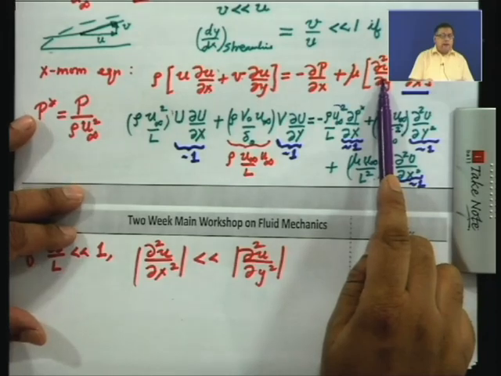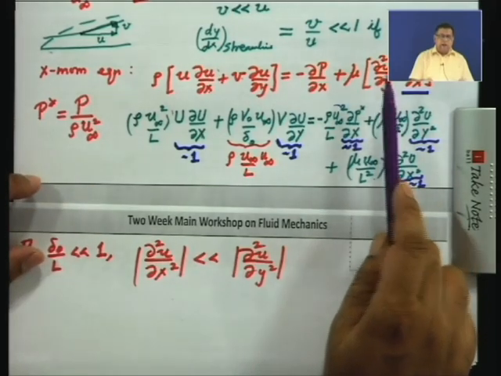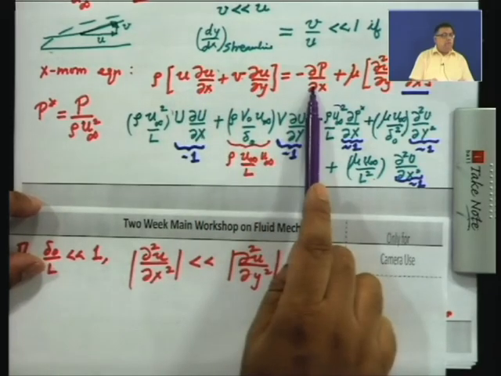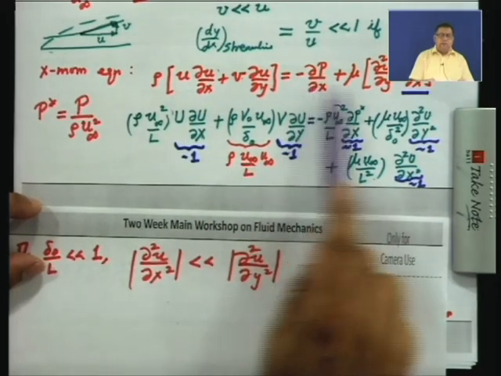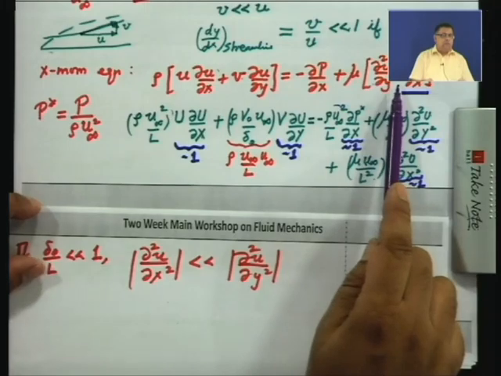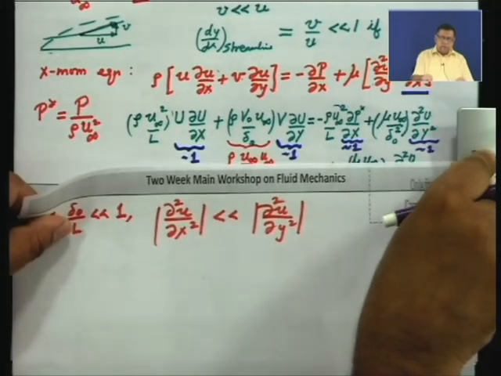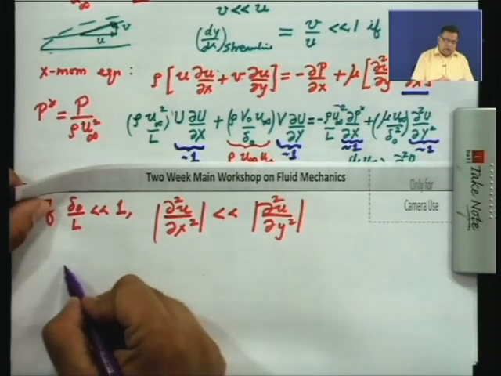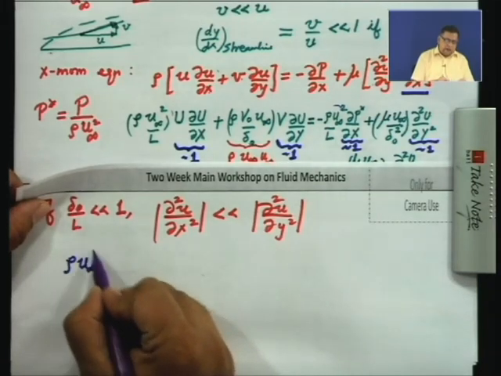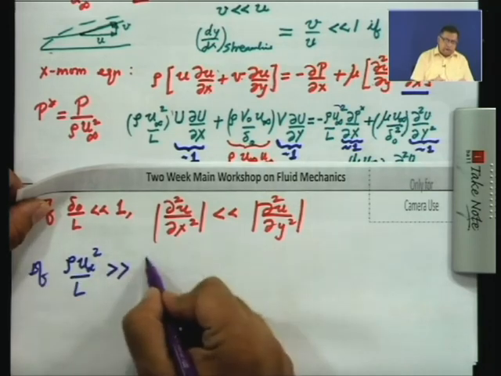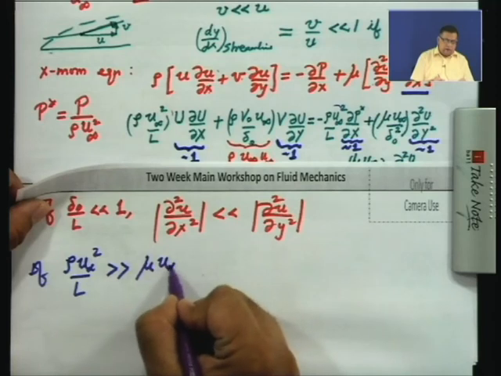Now, it is possible that you have one approximation where these 3 terms are the largest terms in the equation and much larger than the other 2 terms. So, you can have a case that rho infinity squared by L is much larger than mu u infinity by delta naught squared.